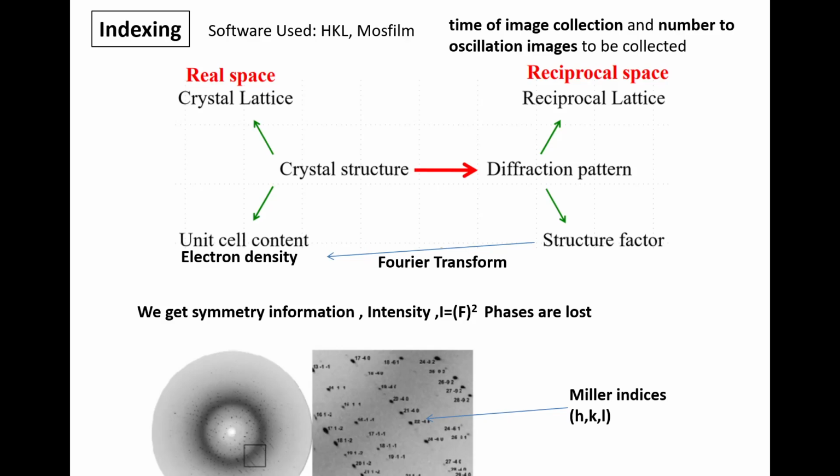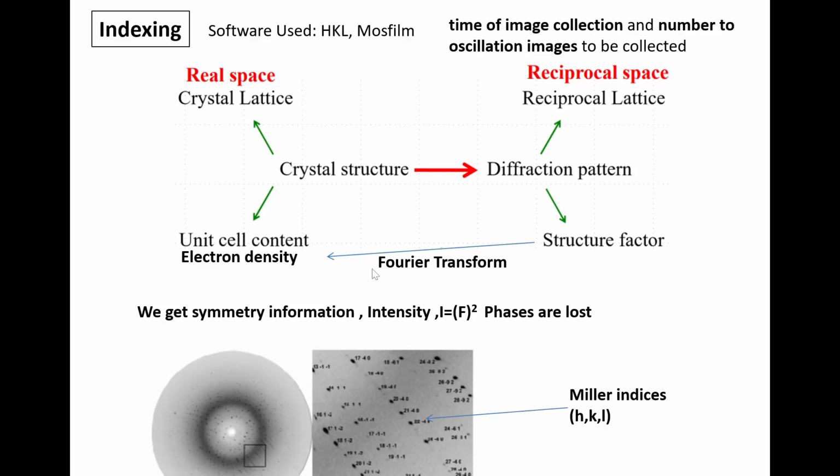So the computer applies an inverse Fourier transform to that structure factor equation to get your electron density. And these electron densities you can actually see in your software. So this is what is done by the software or the computer.